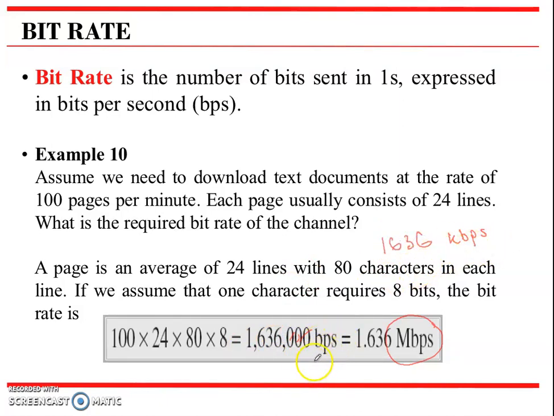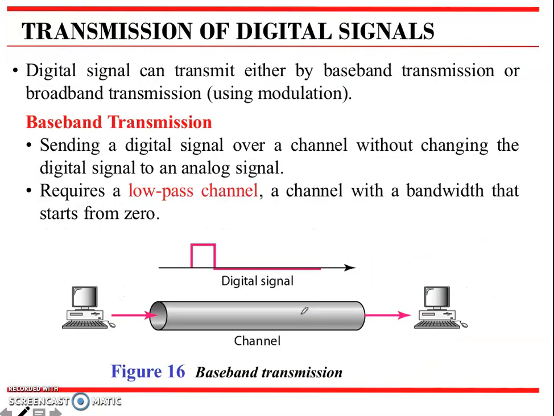Or you nak dalam unit megabit per second, bahagi pula dengan 1000 lagi, so you have 1.636 Mbps. So ketiga-tiga jawapan ini, jawapan yang sama tapi dalam unit yang berbeza.